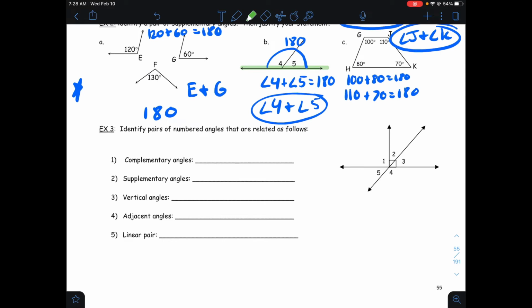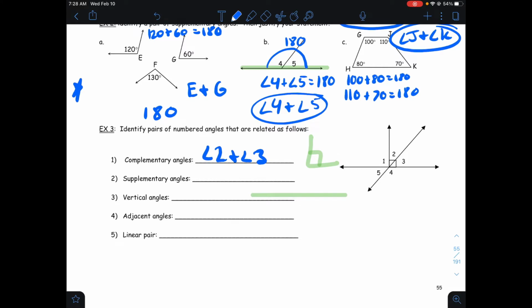So you have to look for the little box to know that it's 90, or look for a straight angle knowing that that is 180. So for my complementary angles, that's going to be angles 2 and 3. And I know that because these two angles add up to 90, because they got that little box there.